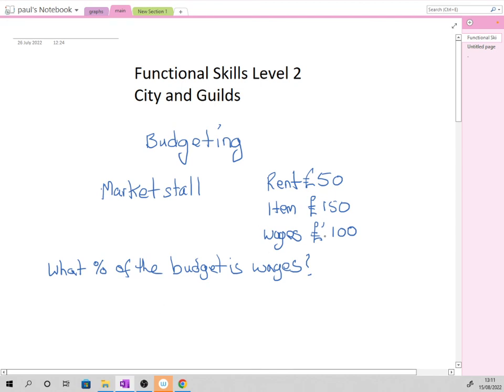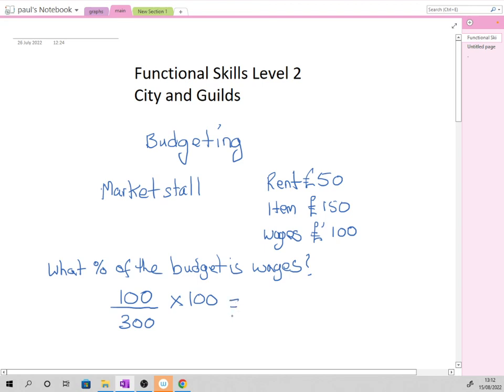You need to do the wages, which is 100, divided by everything, the total. So we said that we had 300. So we've got £100 of our £300 budget is spent on the wages. There's the fraction. Just multiply that by 100 and see what that comes out as.